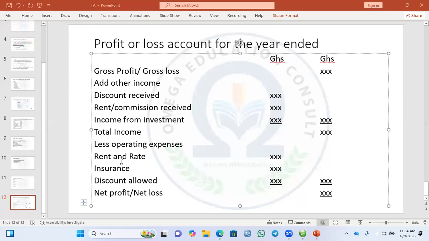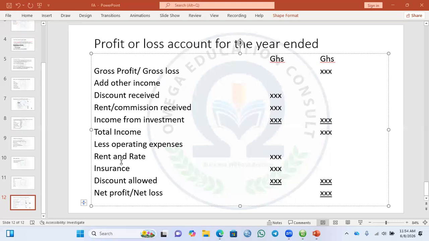Total income is your gross profit or gross loss plus other income. So I contextualize it in your setting: sometimes they say, this person is a teacher. His main hustle is teaching, but he does other things, or she does other things.